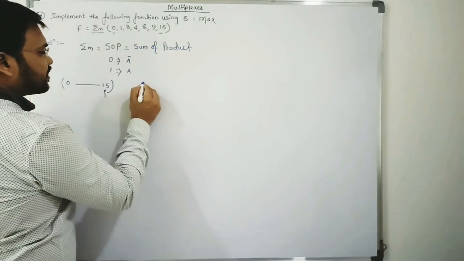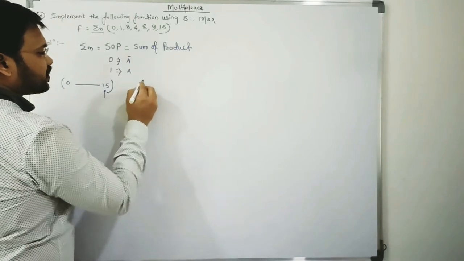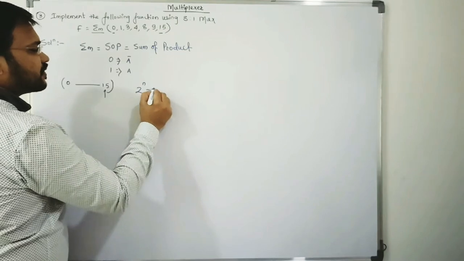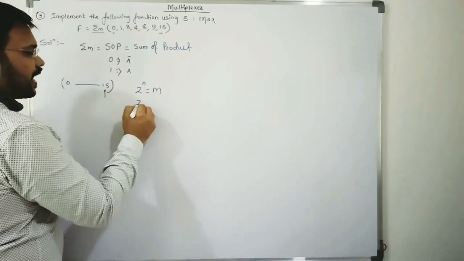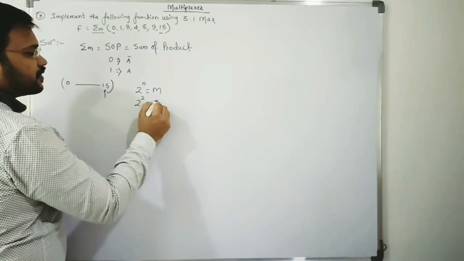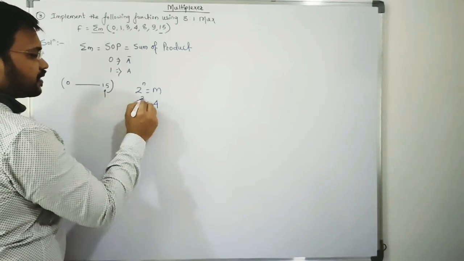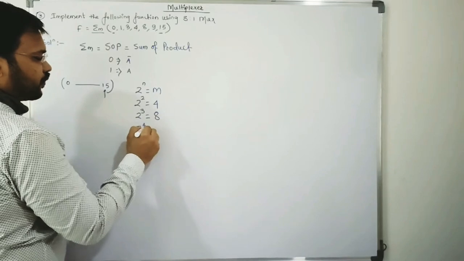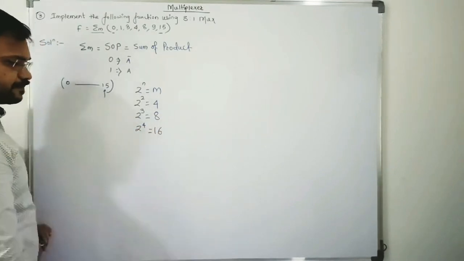So if we consider 0 to 15, again the formula 2 raised to power n is equal to m. We have 2 raised to power 2 is equal to 4, 2 raised to power 3 is equal to 8, 2 raised to power 4 is equal to 16.